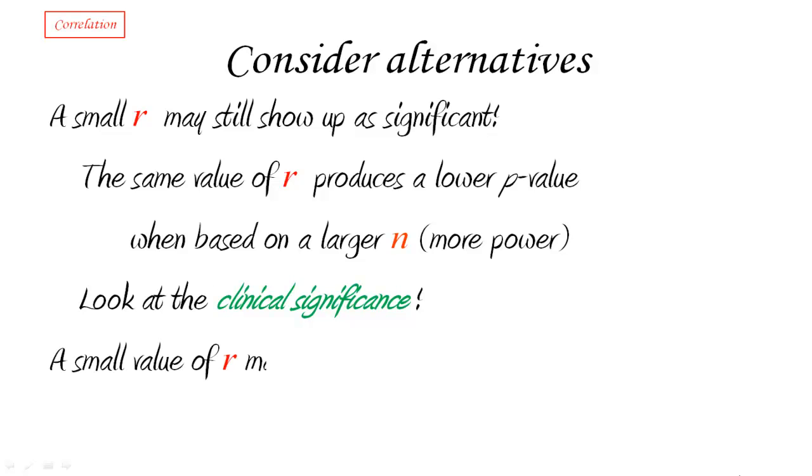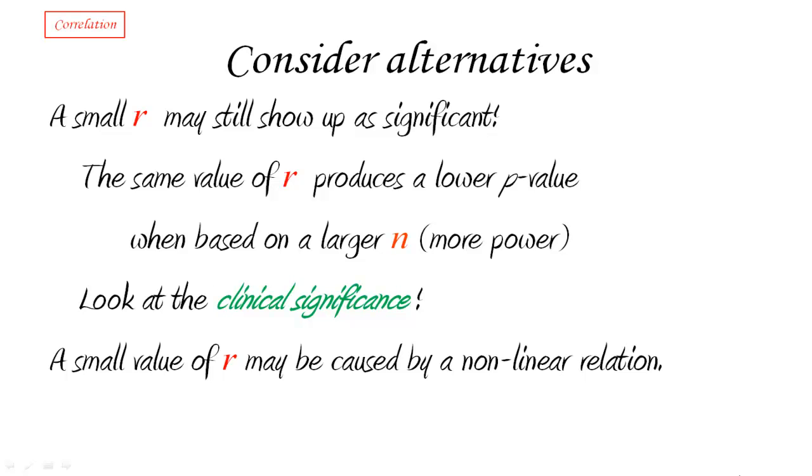The other issue that we want to look at is the fact that a small value of r, which turns out to be non-significant, may be caused by a nonlinear relation. So we may analyze the value of r, conclude that it's not significant, and end up with the wrong conclusion that there is no relationship between these two variables. Remember, this is not always correct.